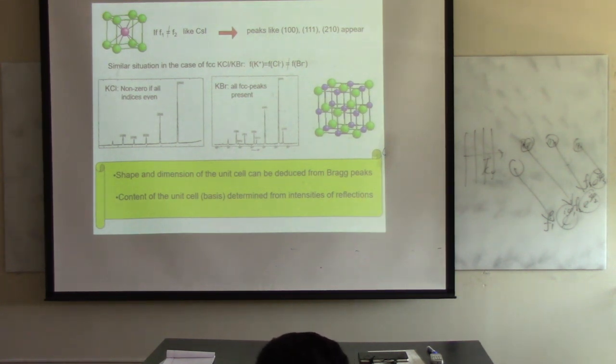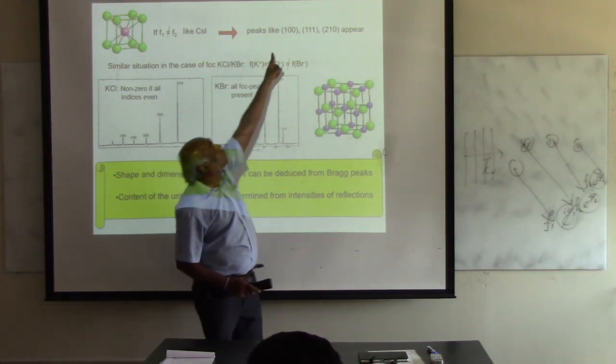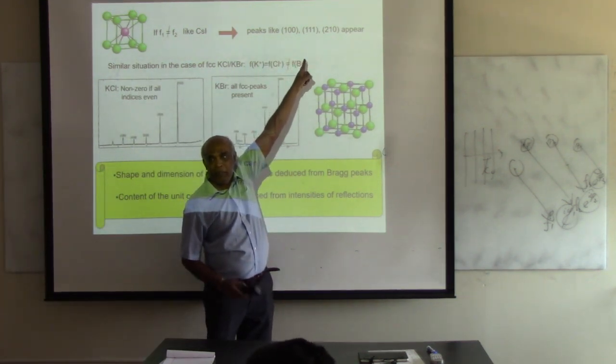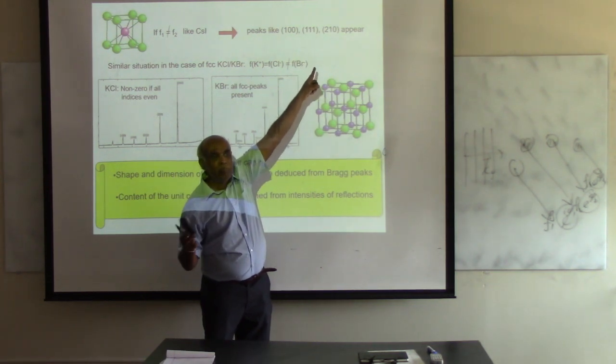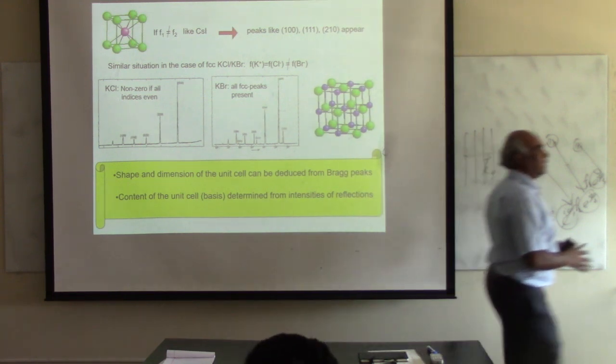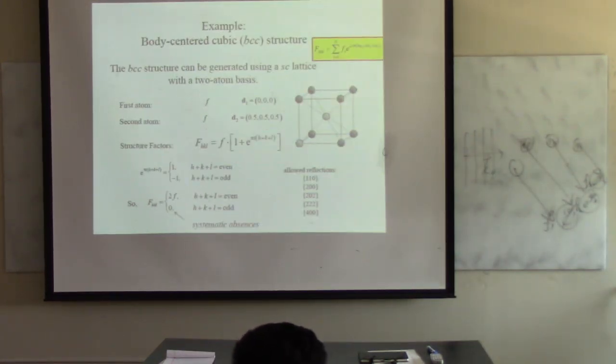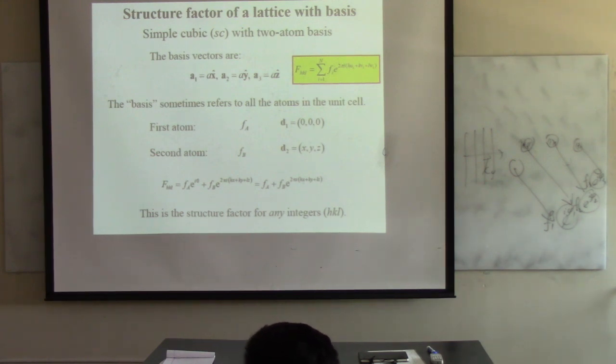You don't get that. But if they are different, you will see this structure. That's why if you have this kind of structure, you will see these reflections. But if they are the same atom, you will not, because they are 0. We'll talk about that later. Okay, that is for simple cubic with a 2 atom basis.